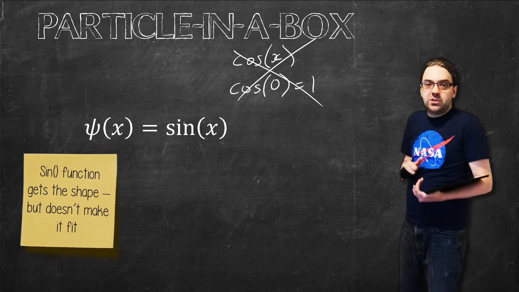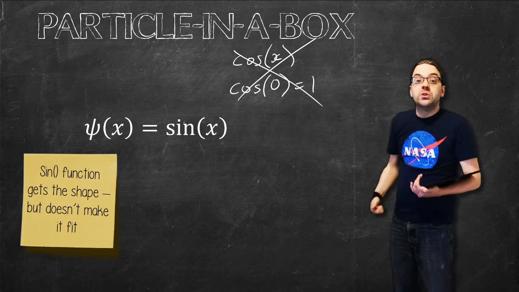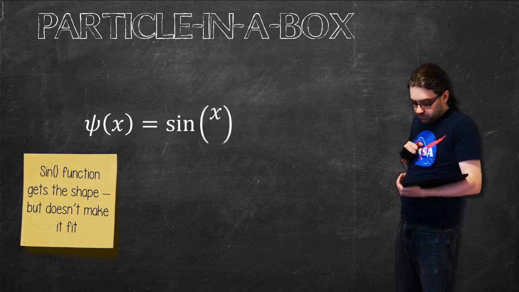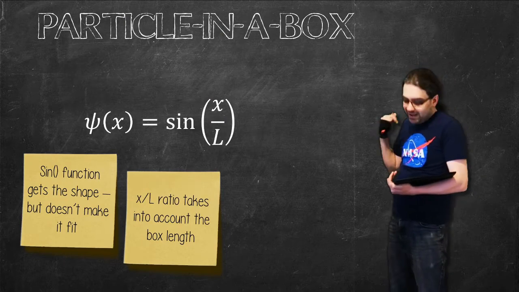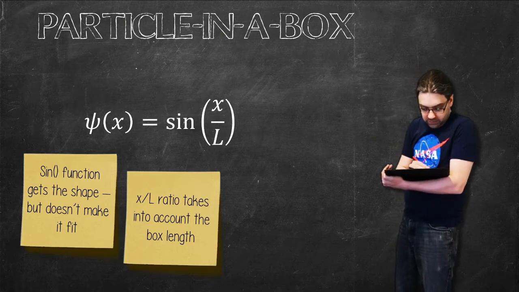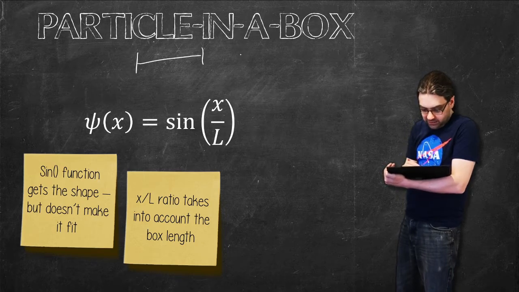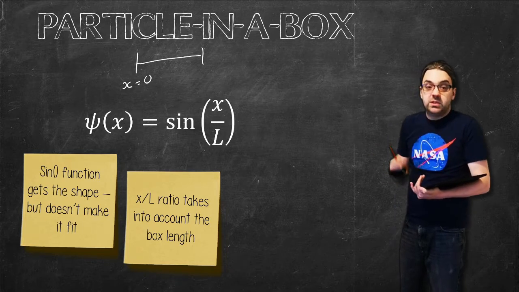But that's not the end of the story, because sine x just goes along arbitrarily. What happens at the other side? Well, in this case, we can change it slightly and put x over L. And that takes into account the length of the box. Now, if x equals 0, sine of x equals 0 is going to be 0.